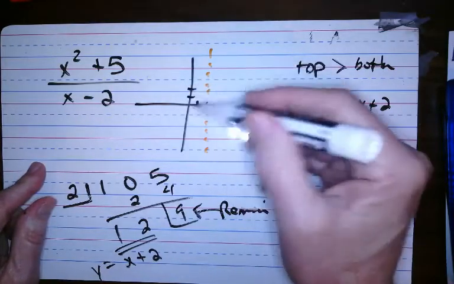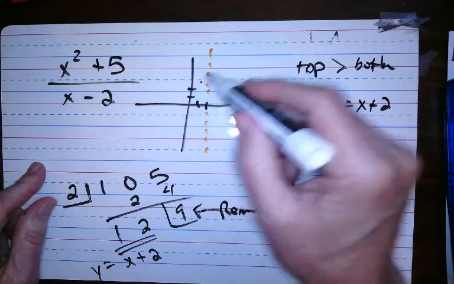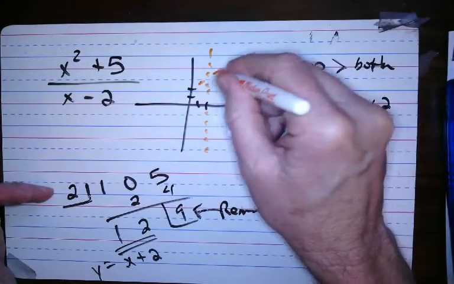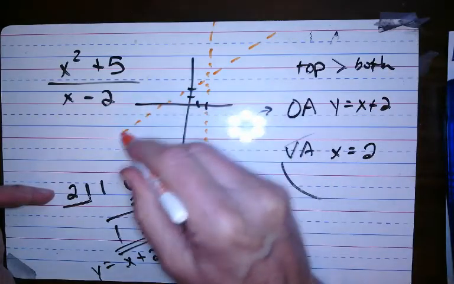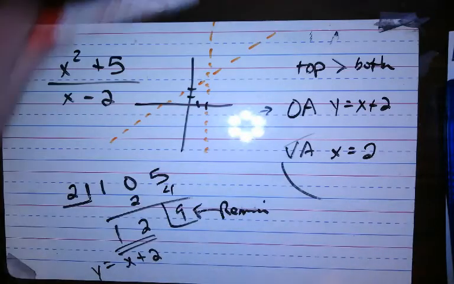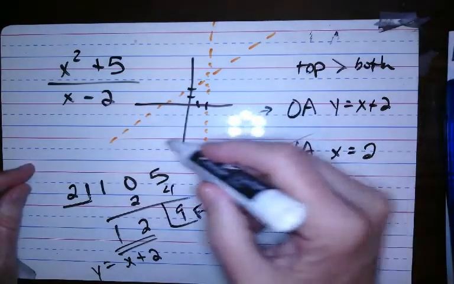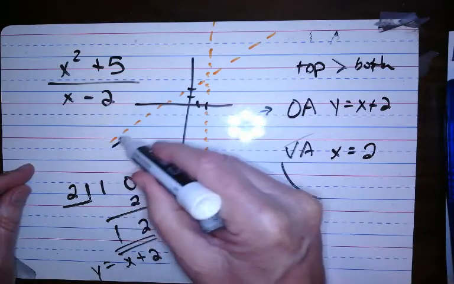Now remember, that means that you go over 1, up 1, over 1, up 1, over 1, up 1, over 1, up 1. So it looks like this. And then like so.